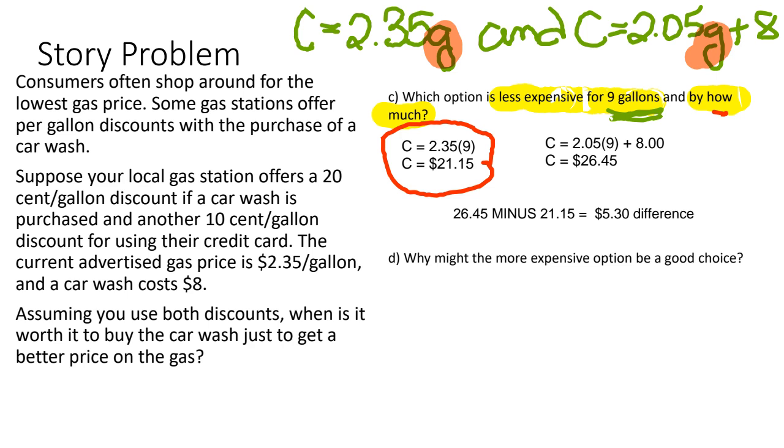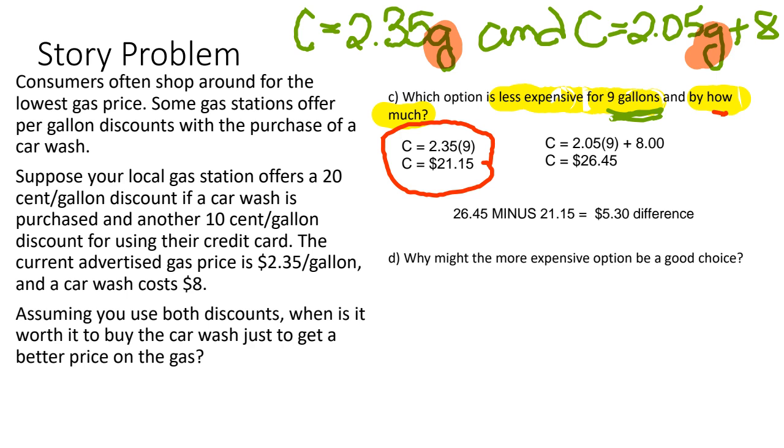Now it says, why might the most expensive option be a choice? The most expensive option can be a good choice if I want a car wash and I plan to use my credit card.